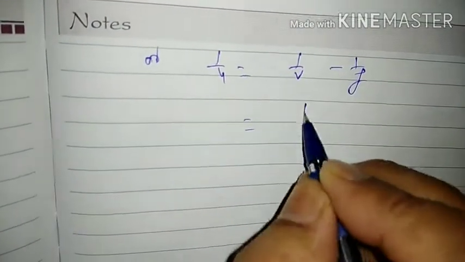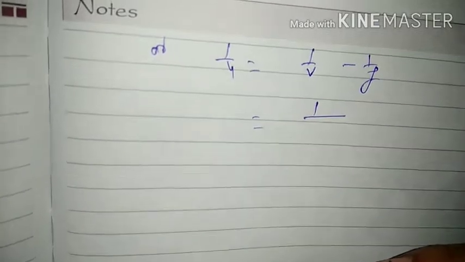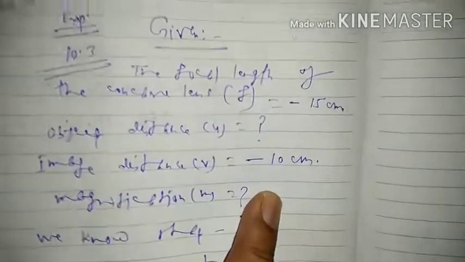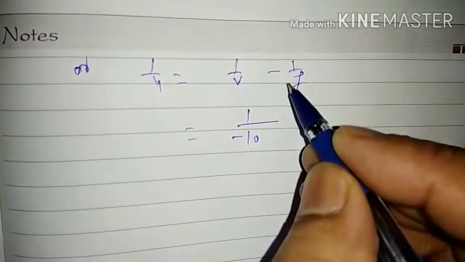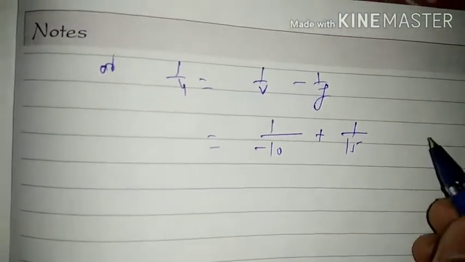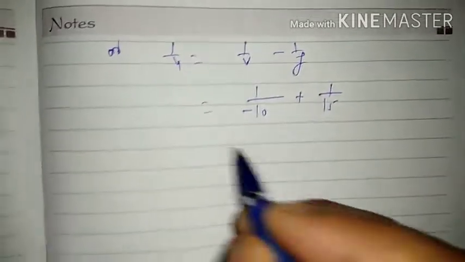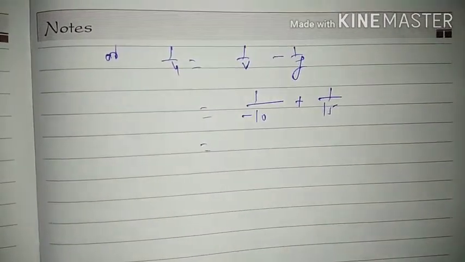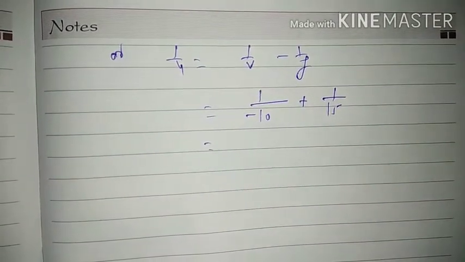Now putting the values, 1 by v, what is the value of v here? Minus 10 centimeter. So minus 1 by 10 minus 1 by f, f is minus 15, so minus of minus is equal to plus 1 by 15.